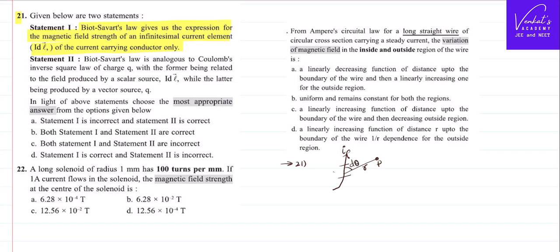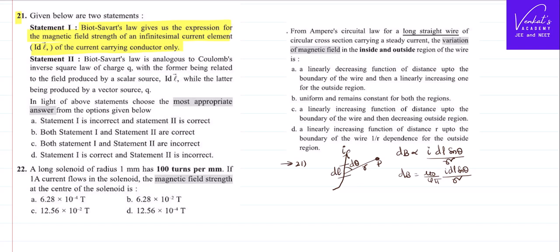Due to a small portion of that conductor dl, at this point P there is a magnetic field that is directly proportional to I dl sin theta by r square. Proportionality can be eliminated with the constant mu naught by 4 pi, and this law is the Biot-Savart's law, right? Therefore, that statement is correct.